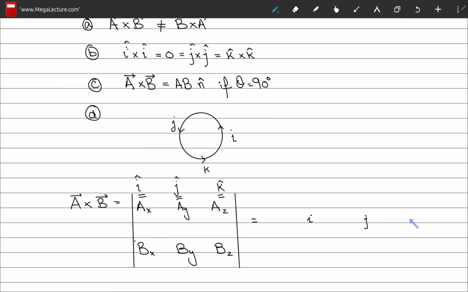And so whatever answer that you get, it is the result of this A cross B, which would be some other vector, let's call it V. And that's how you'd compute the cross product of these two vectors.